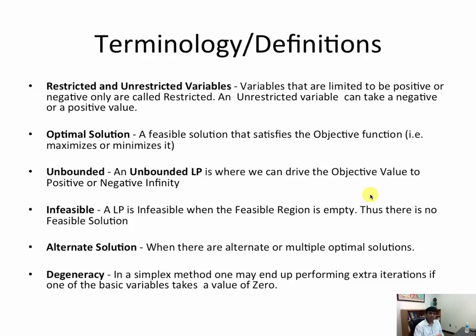This is a limitation of the simplex method, that if one of the basic variables takes a value of 0, then you may have to perform some extra iterations, because replacing that basic variable is not going to change the objective value.